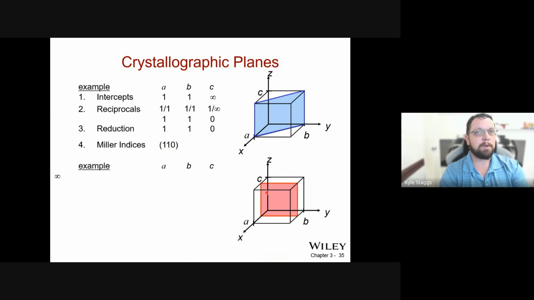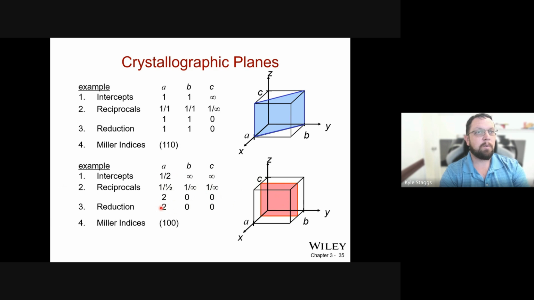Another example, along a different axis: 1/2, infinity, infinity, reciprocals, 1/(1/2), 1/infinity, give us 200. We reduce this to 110. So there's a typo here. We reduce this to 100. And this is the Miller indices for this particular plane.